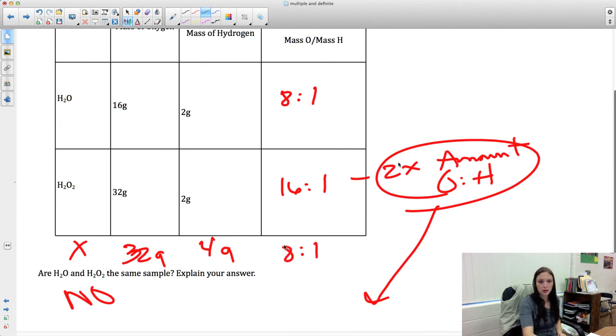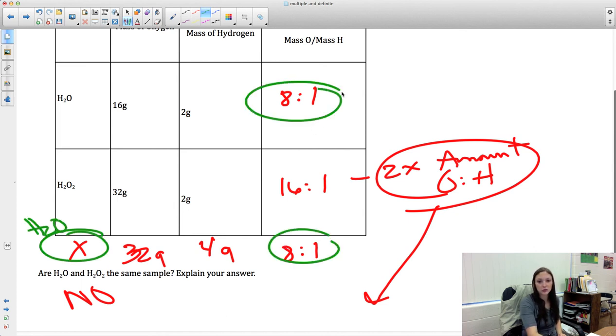Then that would mean this compound has to be H2O because it's the same ratio as the one up here. So many elements can combine in different amounts. That makes my multiple proportions. If they are together in the same amount, that means I have the same compound, law of definite proportions.